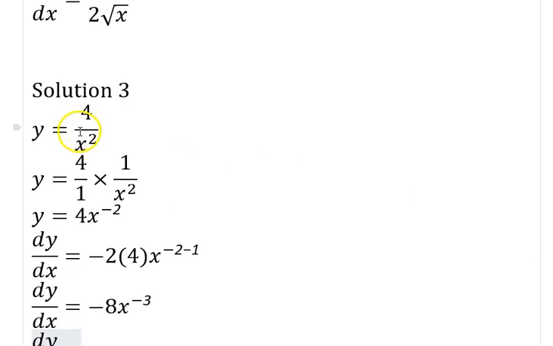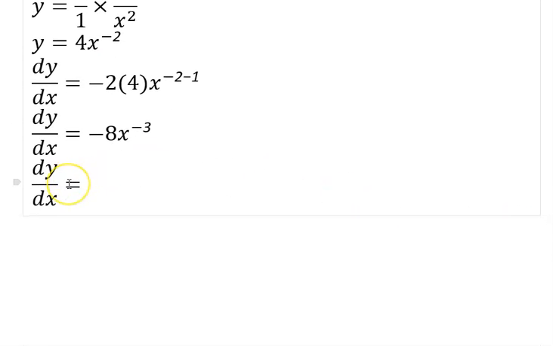So here we have -8 already, then x raised to the power -3 is still the same thing as 1 over x raised to the power 3.